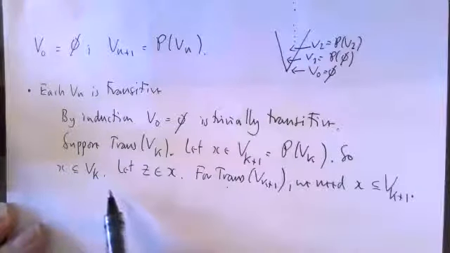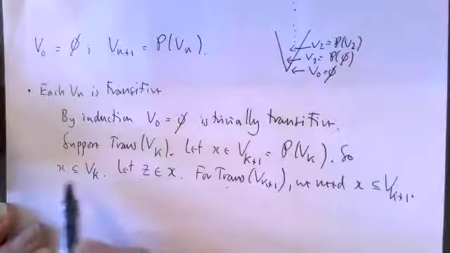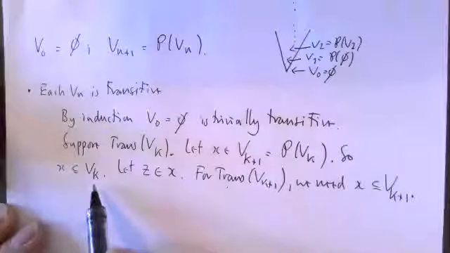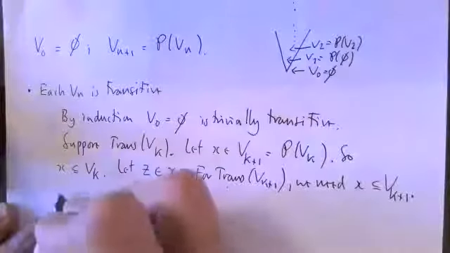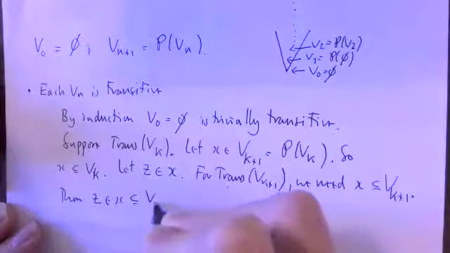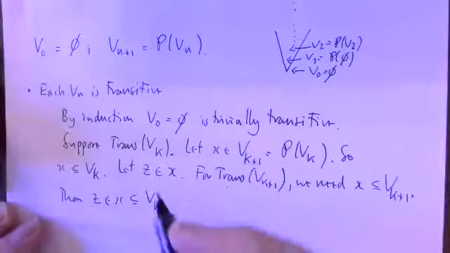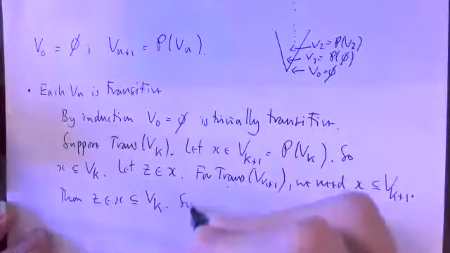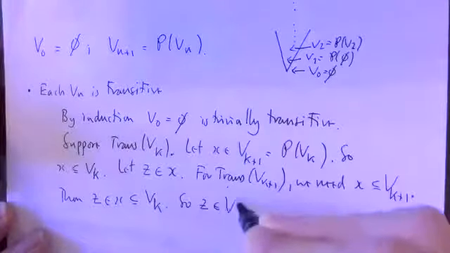So what I've got here is that Z is a member of X, which is a subset of Vk. So Z is a member of Vk.